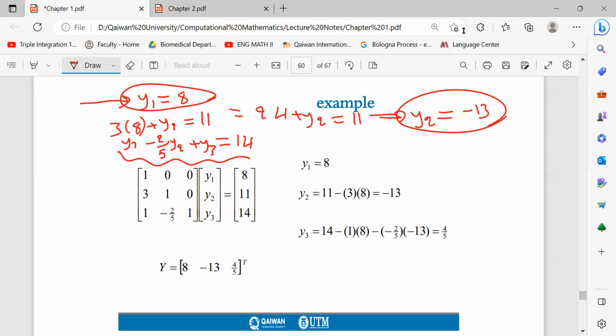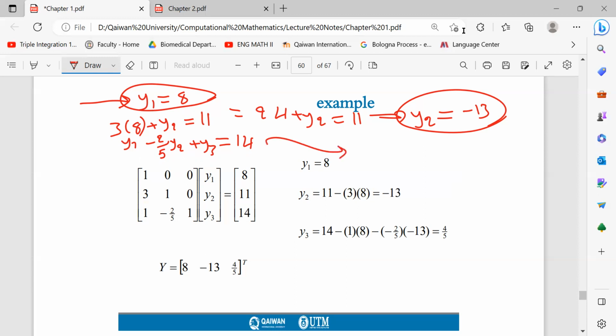In the third equation, we have Y1, Y2, and Y3. We need to find the value of Y3, but we already found the values of Y1 and Y2, so we just replace them by their values. We replace Y1 by 8 and Y2 by negative 13.